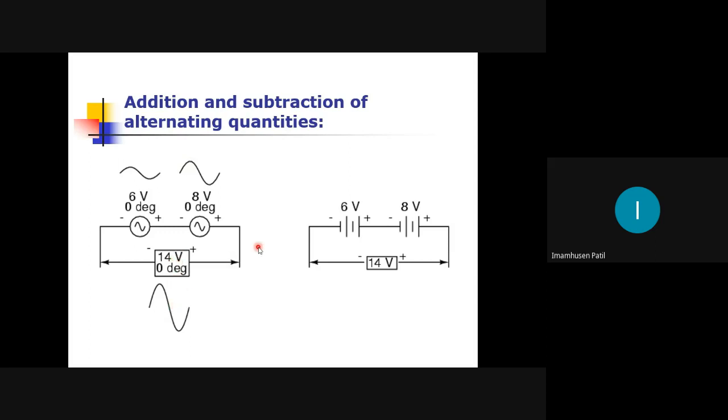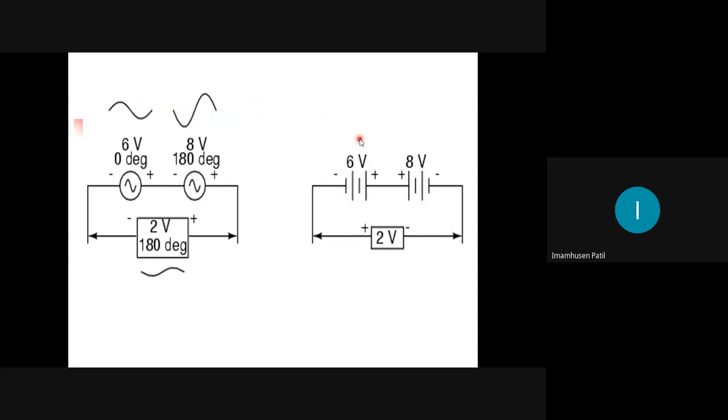Now here, plus minus, minus to plus, subtraction is there. Then we can write easily 2 volt. Now here again AC 6 volt, 8 volt, but phase opposition is there. The resultant is 2 volt 180 degree. So you can see the resultant is having a different phase angle.